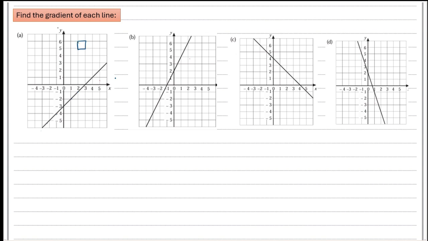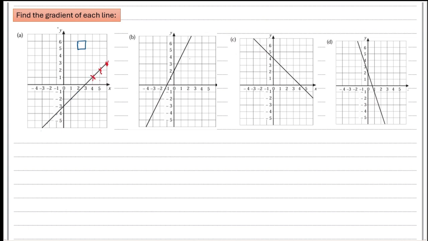So let's see how many choices we have on the straight line in part A. I'm going to put a cross on them. This point lies on the straight line and also on the corner of the little square. This point again lies on the straight line and on the corner of the little square.